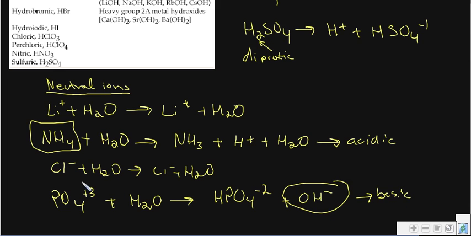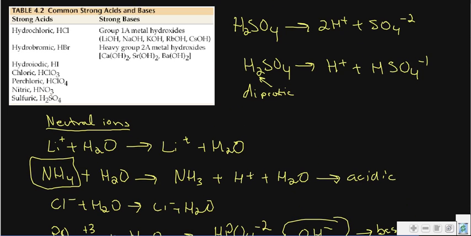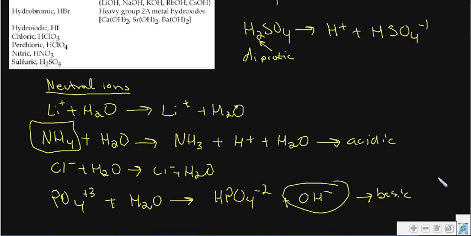Okay, so all that to say, these are strong. They completely dissociate, and the anions and cations that go with them are totally neutral, meaning that they will never interact with water to create any more acidity or basic solution, or any more increase in hydrogen ions or hydroxide ions.